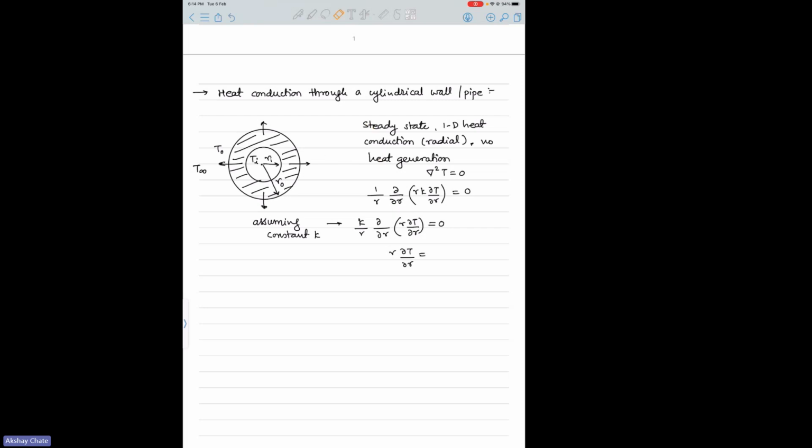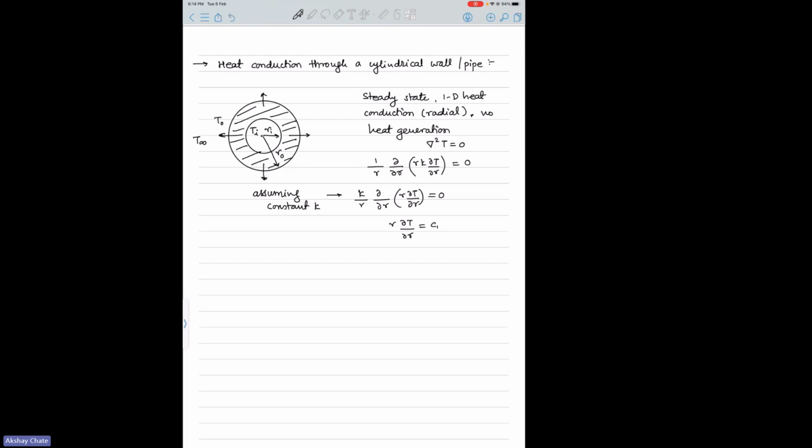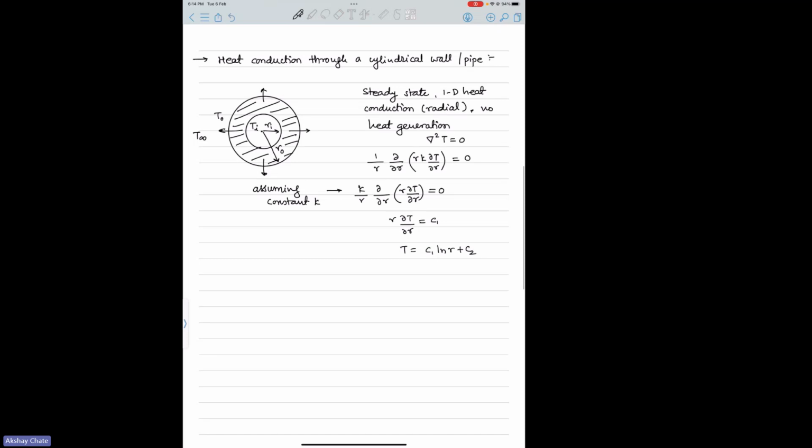It will be a constant because earlier it is 0. And then again you do one integral, so you'll get C1 ln r plus C2. Now C1, C2 you can find using boundary conditions, which are at r equal to Ri you have Ti, and at r equal to Ro you have To. This was all done in class, so I'm not going there.